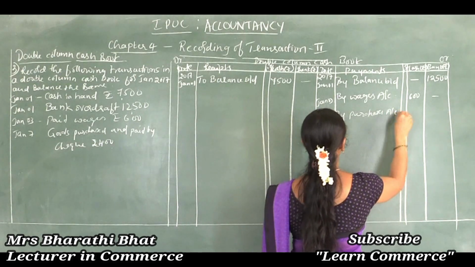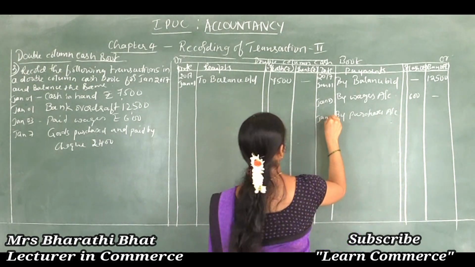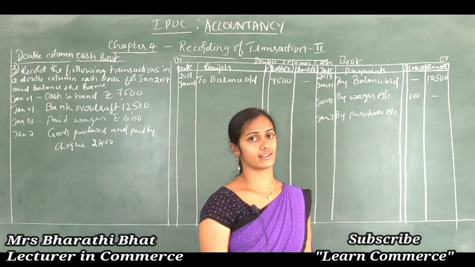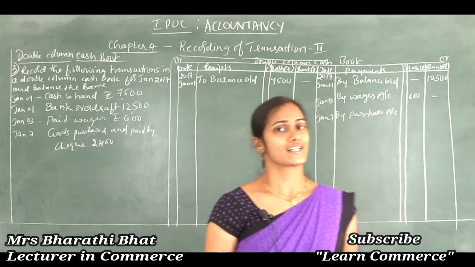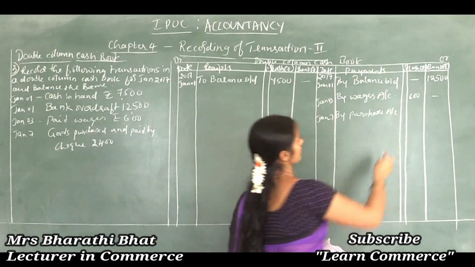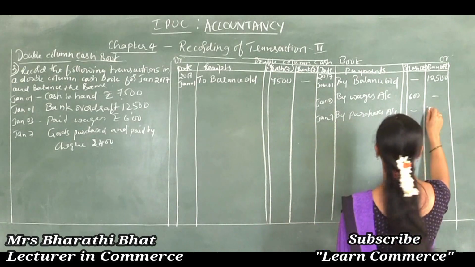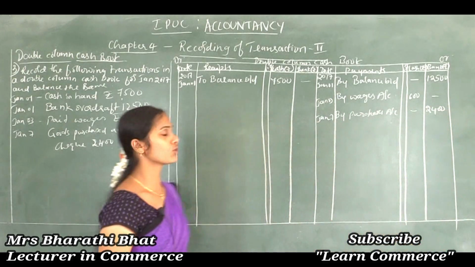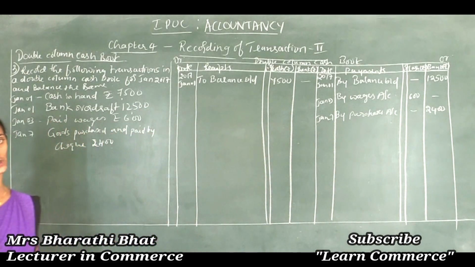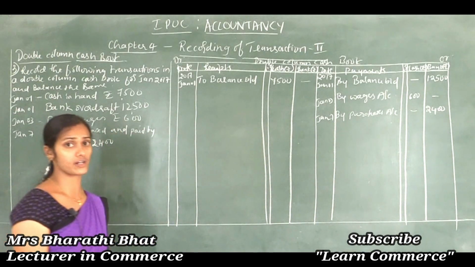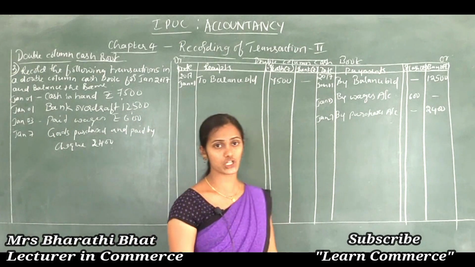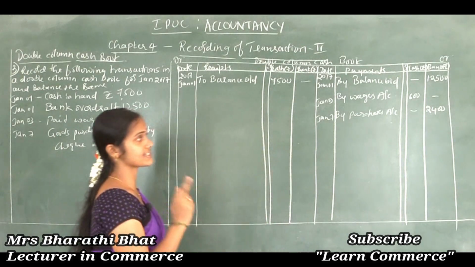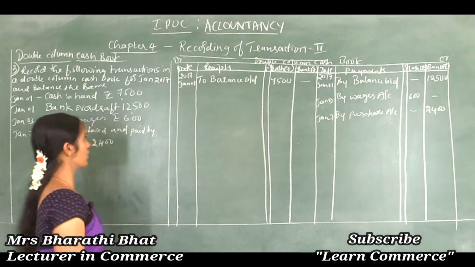And the next one, Jan 7, by cheque. They paid through cheque, so when a cheque comes, the amount goes under the bank column, 2,400. Clear? Suppose goods were purchased for cash, then that amount goes under the cash column. But in this case, the amount is recorded under the bank column.